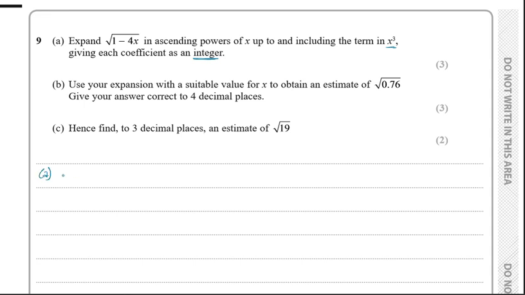So for part A, root over 1 minus 4x. This can be written in this form as well. The root over is actually 1 by 2. It's only 2 and the bracket here is 1, so it's half, so it's 1 by 2.